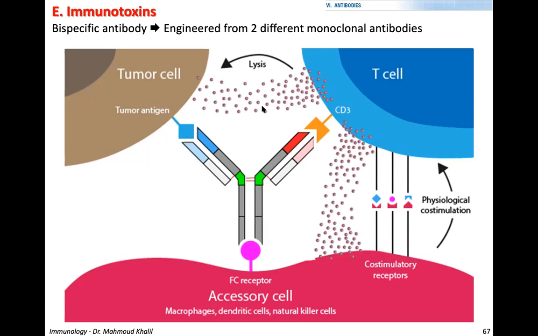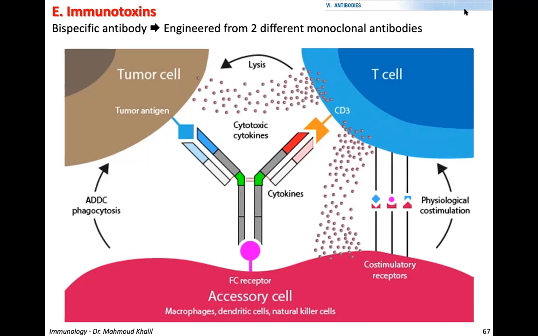It will release the factors that lead to the lysis of the tumor cells. As well, the antigen-presenting cells can mediate phagocytosis of the tumor cells through the process of ADCC.